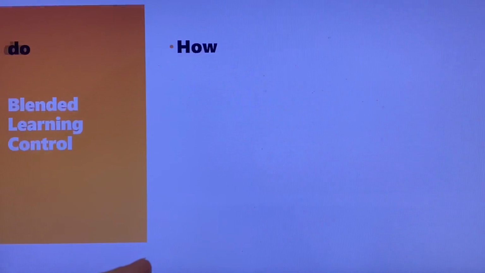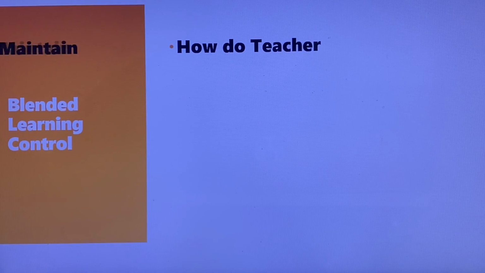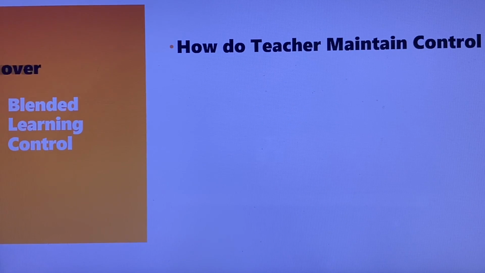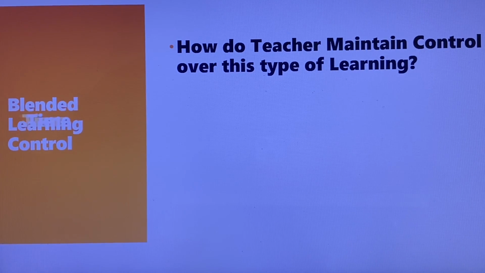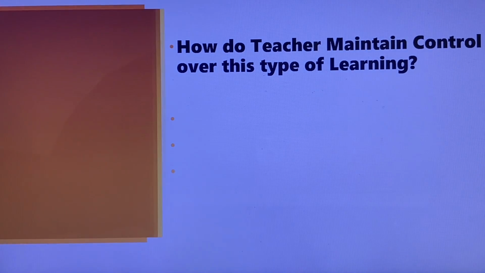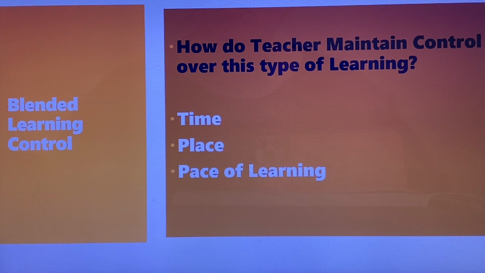One of the most pressing questions I get in blended learning is, how do teachers maintain control over students' learning? And there are three aspects to how control is maintained. One is the time.